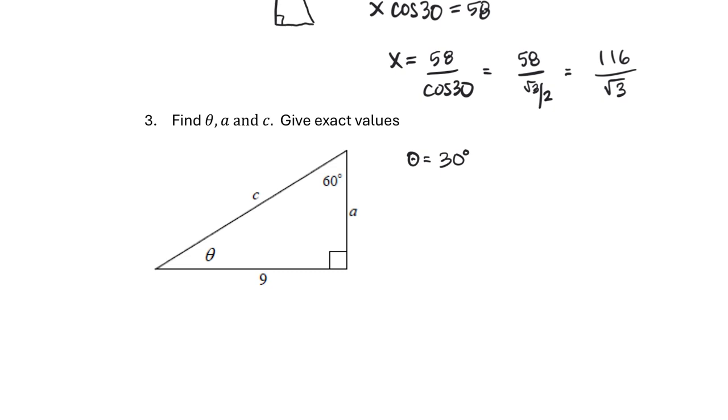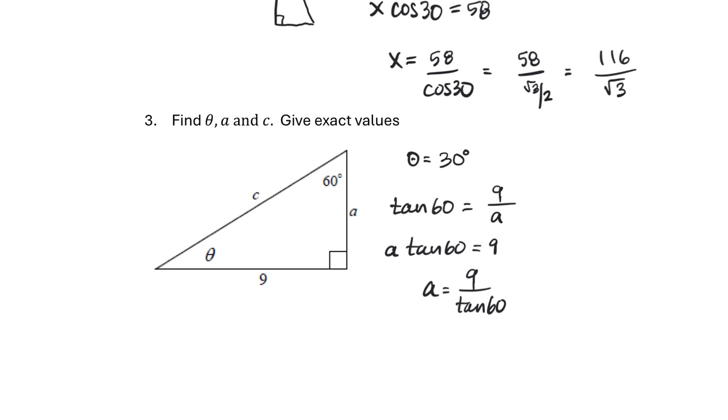So to find A, I could use tangent of 60 degrees equal to the opposite length divided by the adjacent length, so 9 divided by A. If I multiply by A on both sides, and then divide by tangent 60, A is equal to 9 divided by tangent 60.